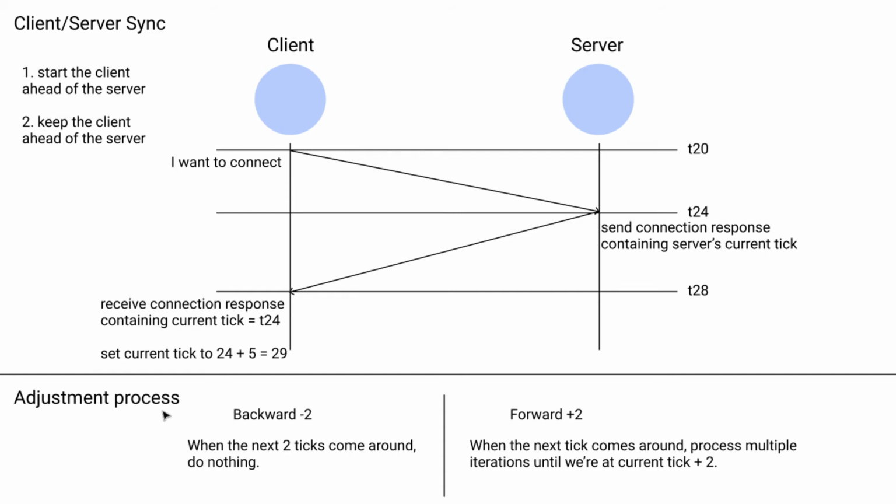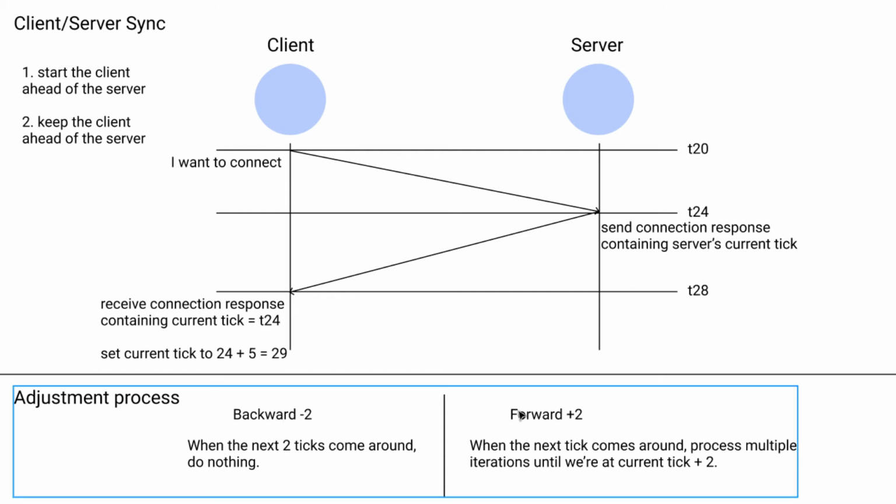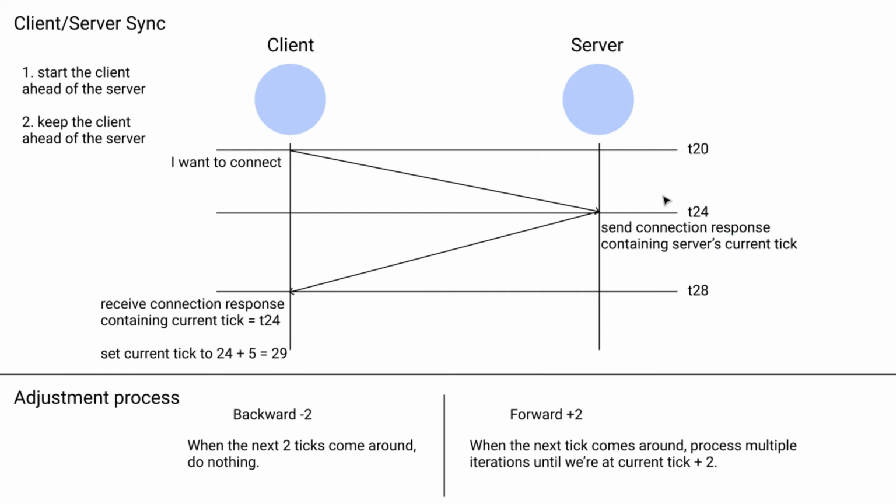Right? So, like I said, we have forward and backward movement. So let's say the server's on tick 24. We ideally want to be receiving messages for the current tick plus 2, because like I said, that gives us good wiggle room. But we receive a message for tick 22.